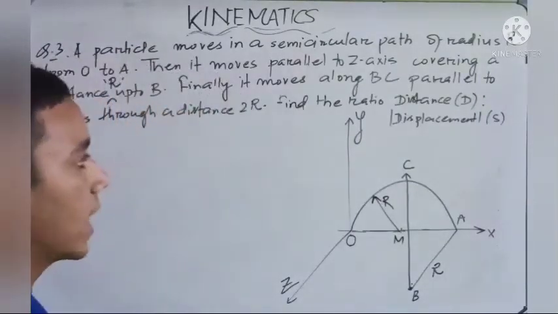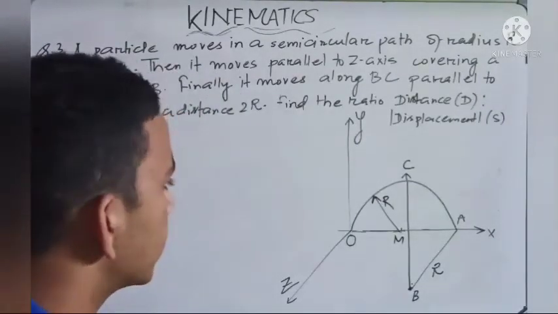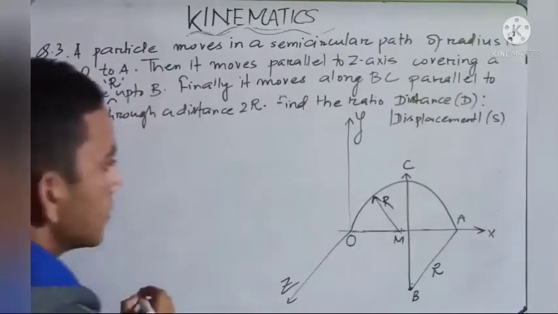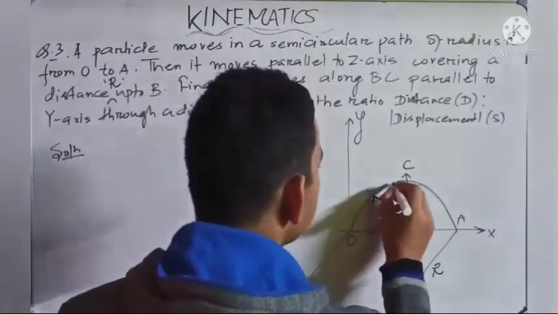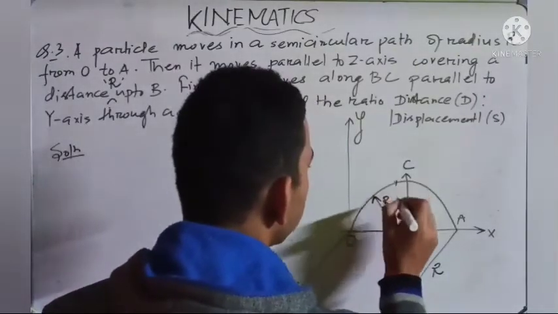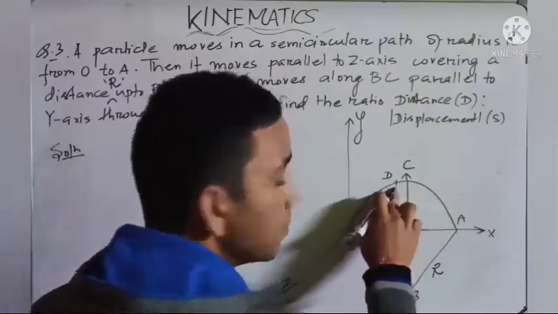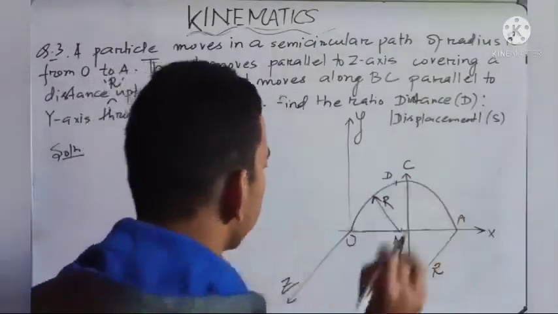First of all, let's find the distance traveled or the actual path length traveled. Solution. Let this point be, let's say, D. This D point is lying on the arc OA.